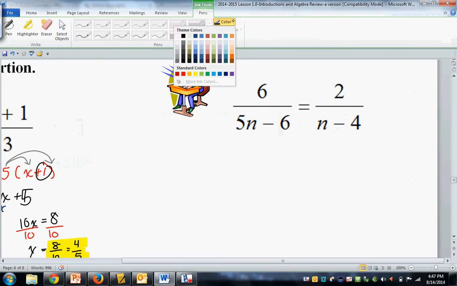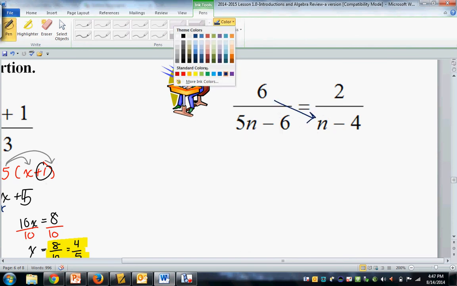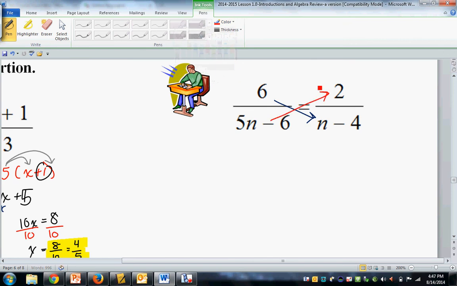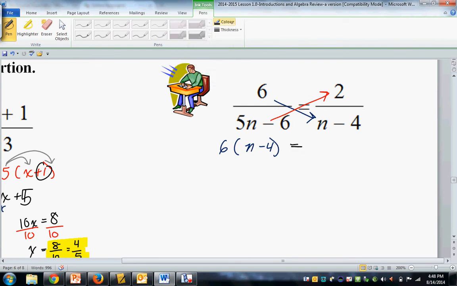Alrighty, let's see how you did. Step number 1, you should have cross multiplied with those little cross multiplication arrows. So something like this. So cross multiply, and then you cross multiply this way. Draw those arrows, please, and then we're going to go 6 parentheses n minus 4 equals 2 parentheses 5n minus 6.